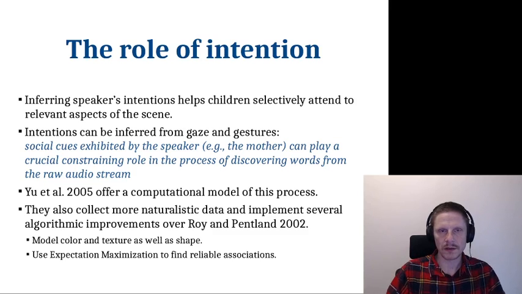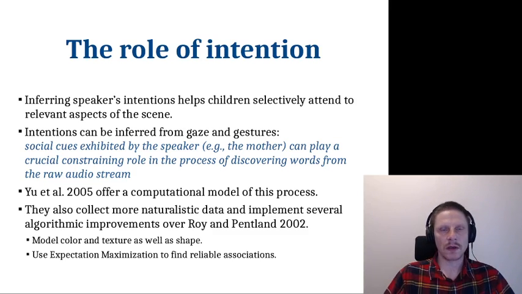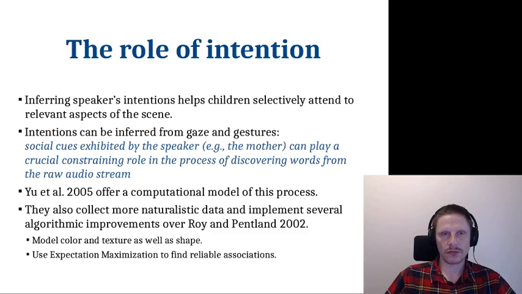The next study I want to talk about is related to the role of intention, or inferring the speaker's intention. This process helps children selectively attend to relevant aspects of the scene.